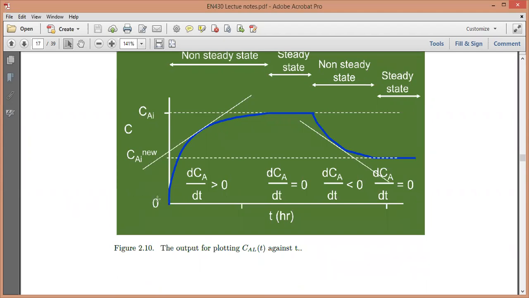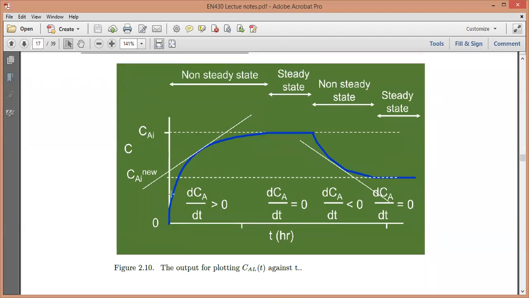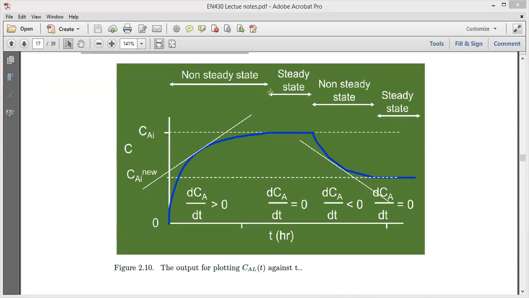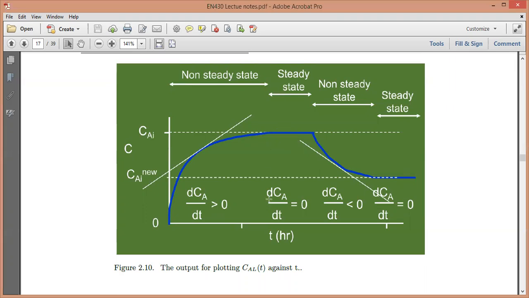So at t is equal to 0, what did we say happens at t is equal to 0? So from t is equal to 0 up to somewhere here, we have non-steady state. Then steady state comes somewhere here where you have change in concentration in the reactor over change in time becomes equal to 0.